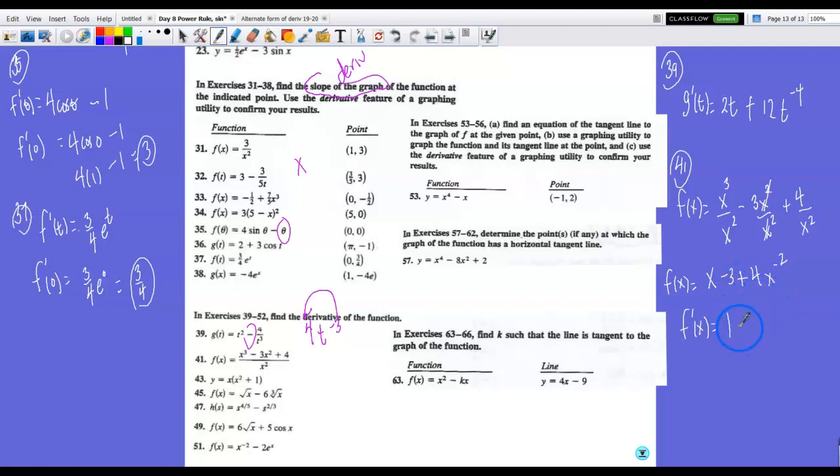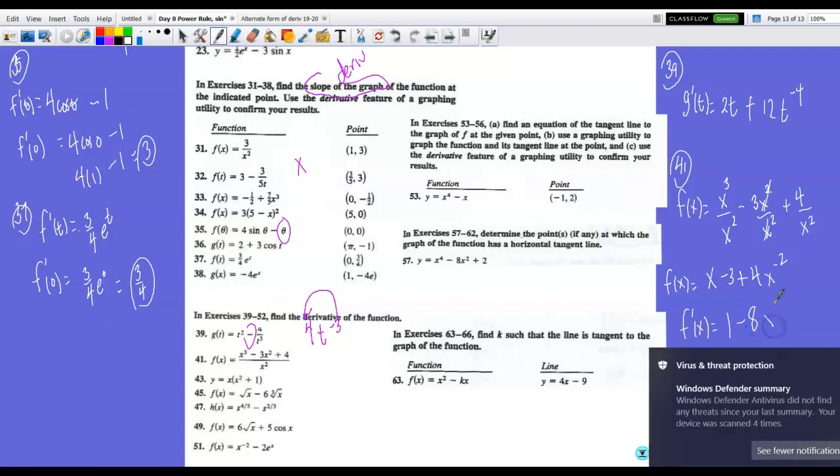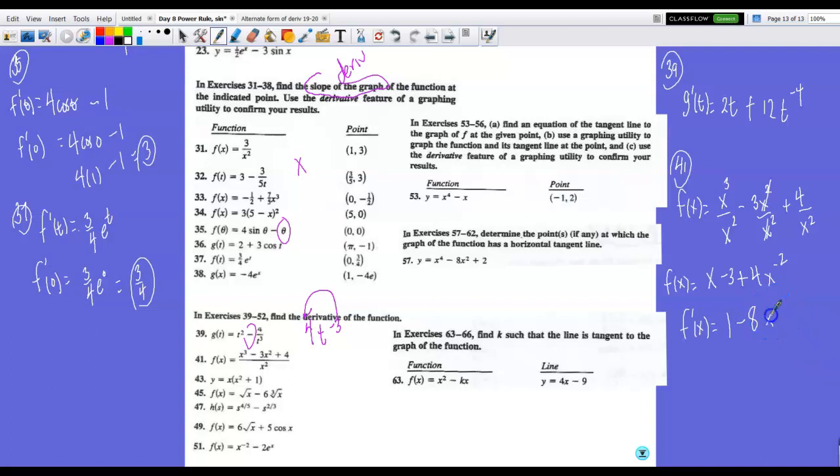And the derivative of 4x to the negative 2: multiply power by coefficient and decrease the power. Decreasing the power by 1 gives me x to the negative 3rd power. Number 41.